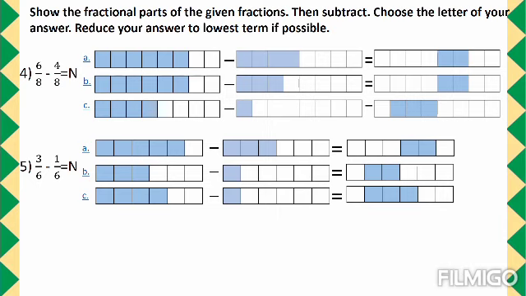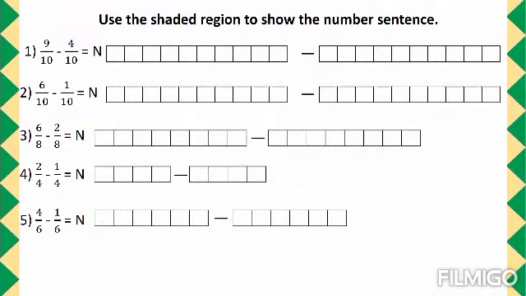Choose the shaded region to show the number sentence. So you have your choices for items 1 to 5. You may copy this in the paper, and you need to show the fractions in each region.